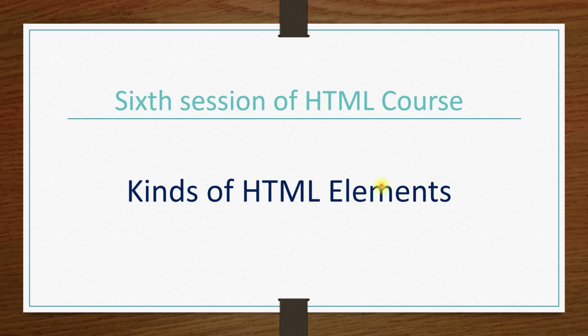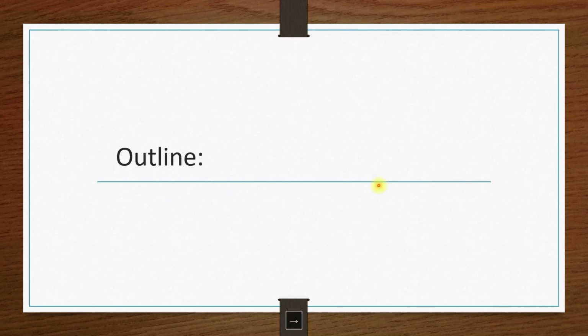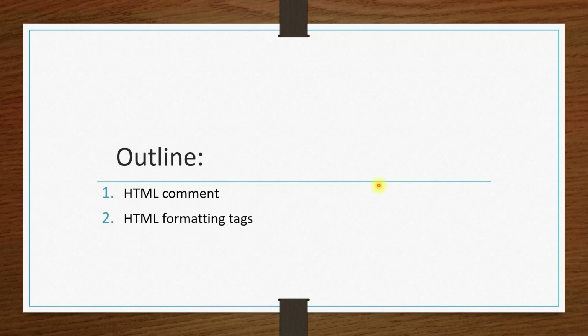So let's have a look at the outline of today's lesson. The first thing that we are going to cover today is HTML comments. The second thing is HTML formatting tags. The third thing is the example.